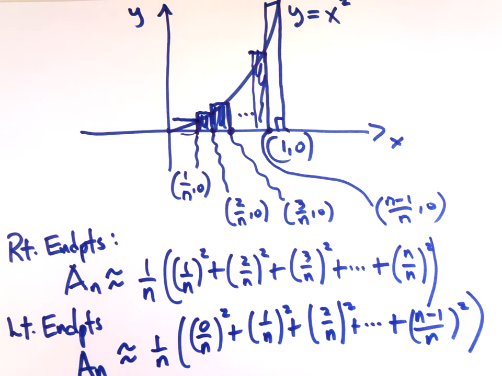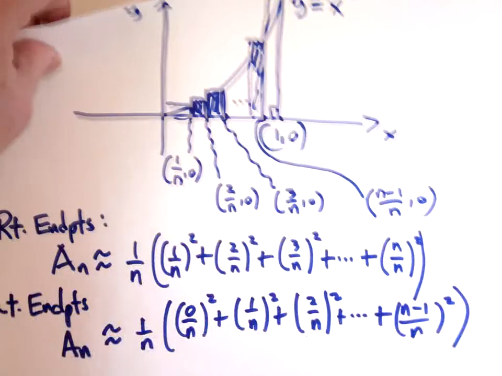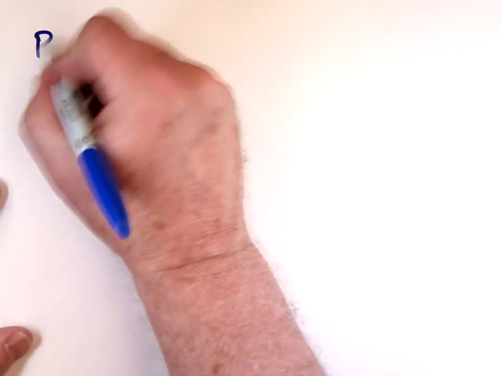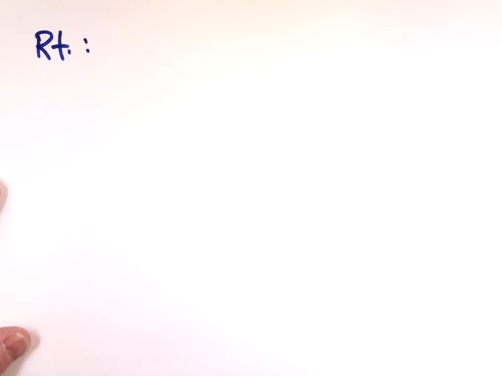Believe it or not, what I want to do, first of all, let's simplify a little bit here. Let's do the right ones. What can I do here? Well, every one of those terms is over n squared, so I can write it this way.